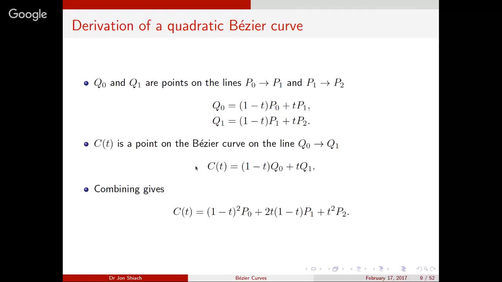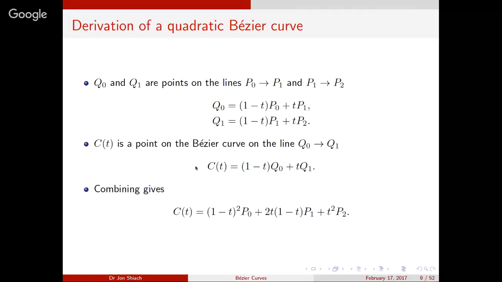A few things to notice about this. The highest power of t is 2, so it gives us a degree 2 or a quadratic curve. P0, P1 and P2 are our control points, so we know what they are before we draw the curve. How many values of t we take will depend on how smooth our curve looks.